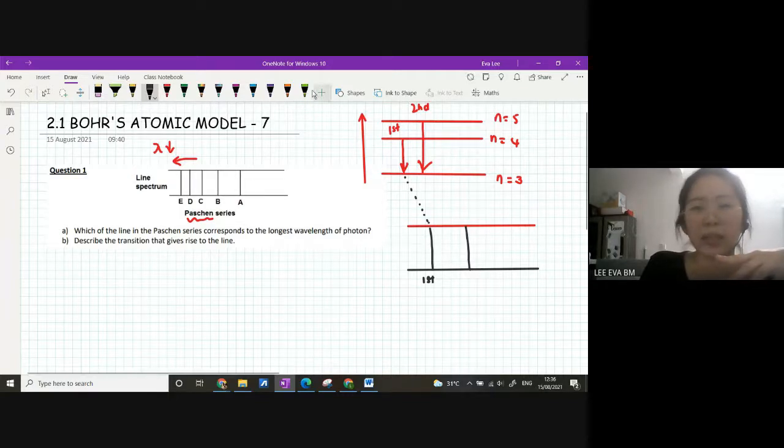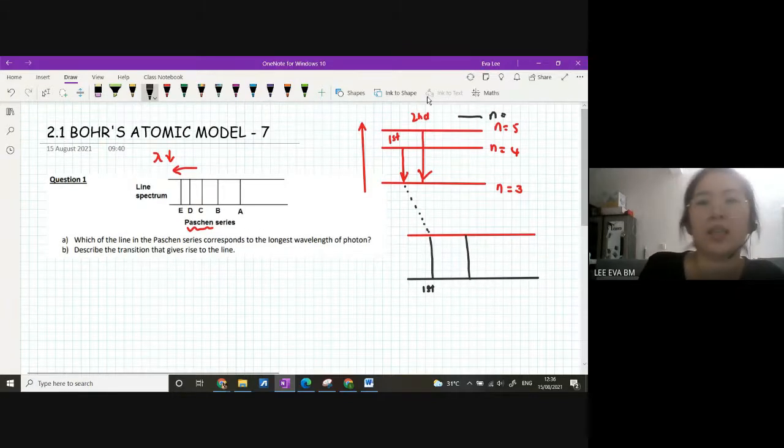So we draw one more line. Let's say over here we have from energy level 6 to energy level 5. Sorry. Add one more line up here.